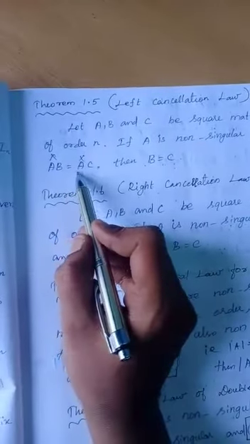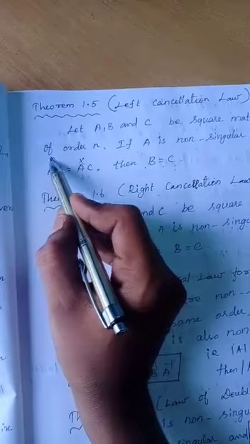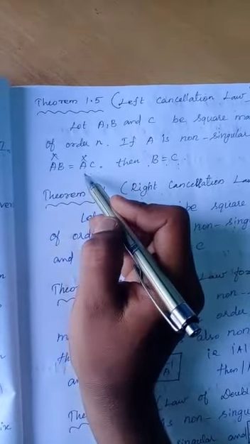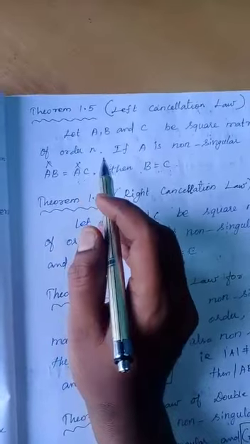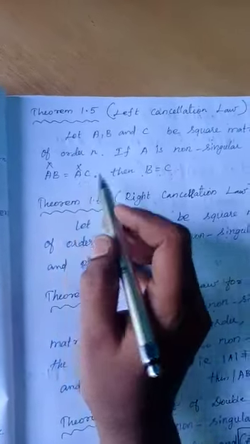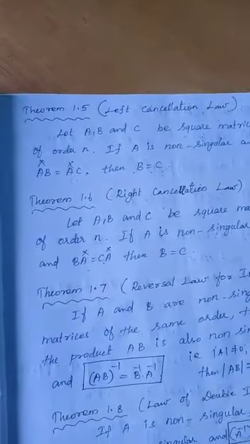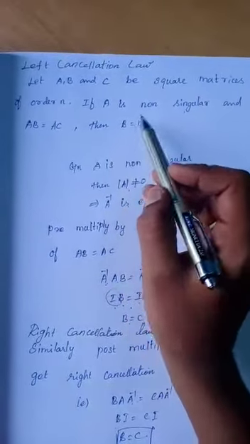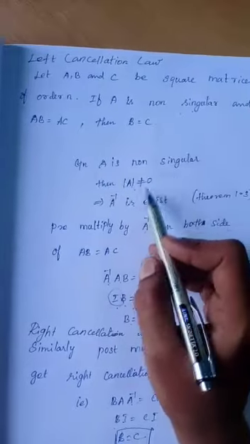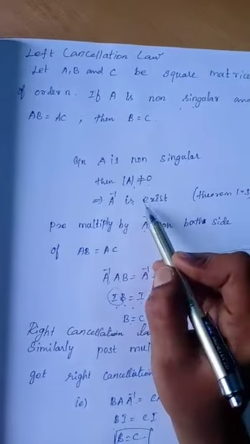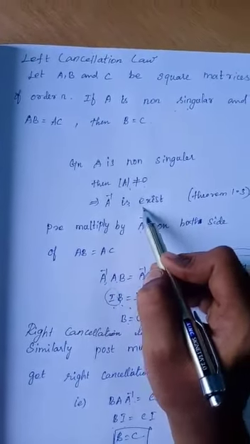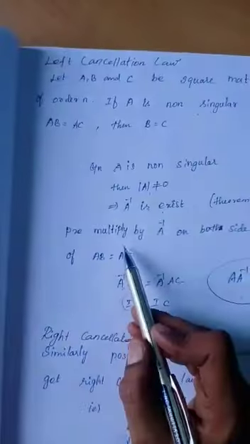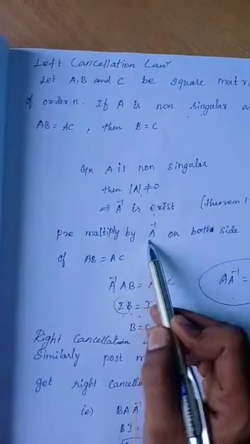So AB equals AC means we cancel this A on both sides. We don't directly cut this A. We use some properties to eliminate the matrix A. Let us see the expansion for this problem. A is non-singular means the determinant of A is not equal to 0, then the inverse exists. Taking the relation AB equals AC, I pre-multiply by A inverse on both sides.